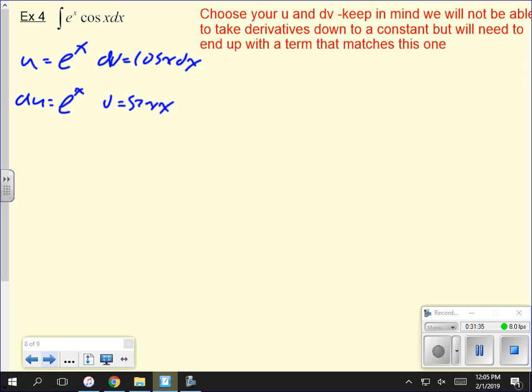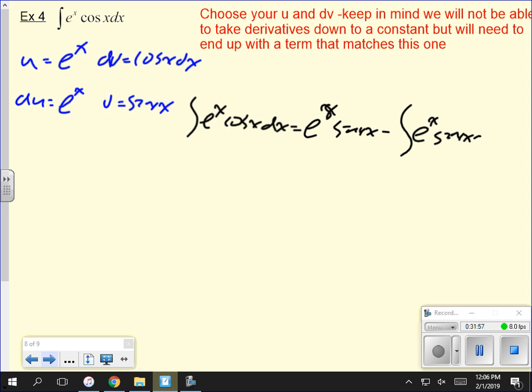So let's rewrite this. So I get the integral of e to the x cosine x dx equals uv, e to the x sine x, minus the integral of v du, e to the x sine x dx.